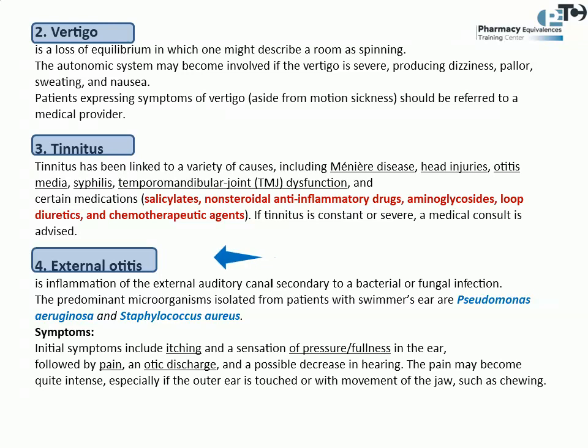The fourth condition is external otitis. From this name, we can expect the condition is related to an inflammation, especially bacterial or fungal infection. It is an inflammation of the external auditory canal secondary to bacterial or fungal infection.